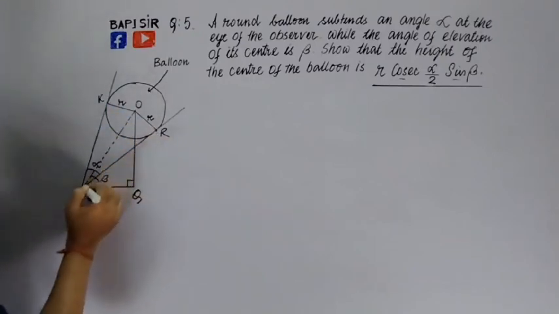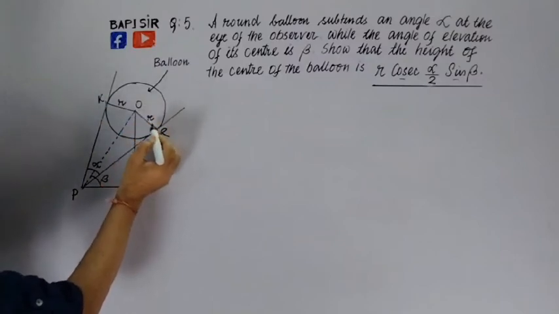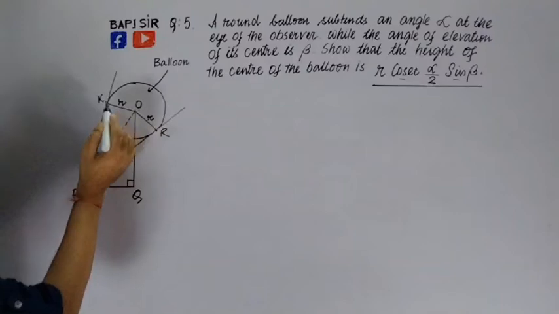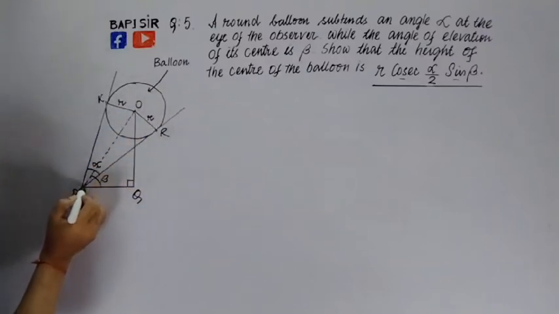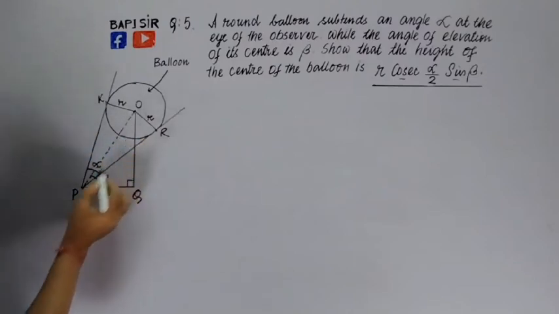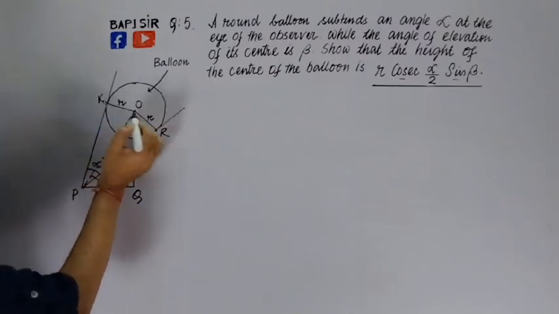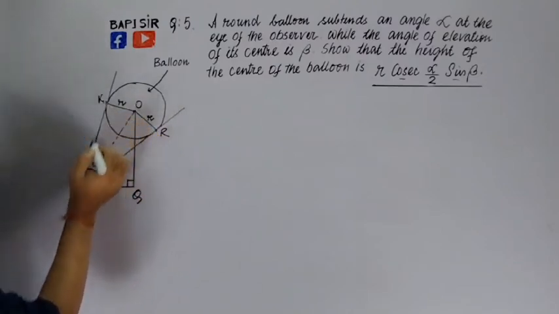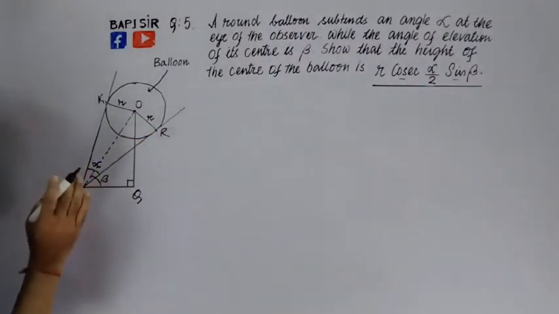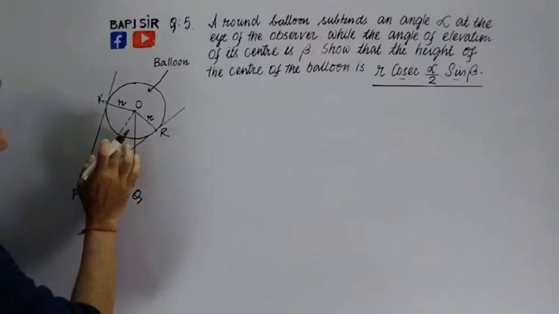And OR is equal to OK, because they are the radii of the circle, and OP is common between these two triangles. So side, side, side, by the proposition these two triangles are congruent.